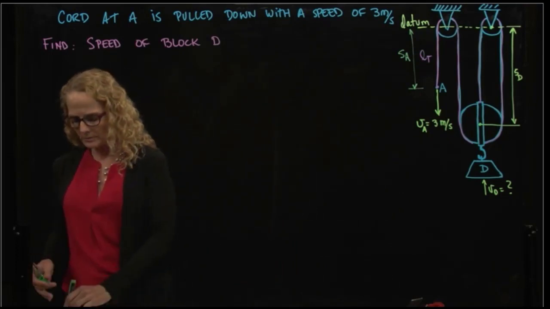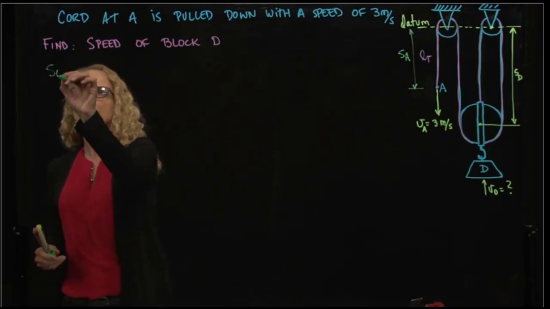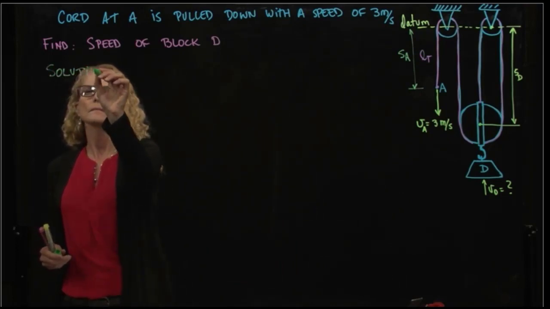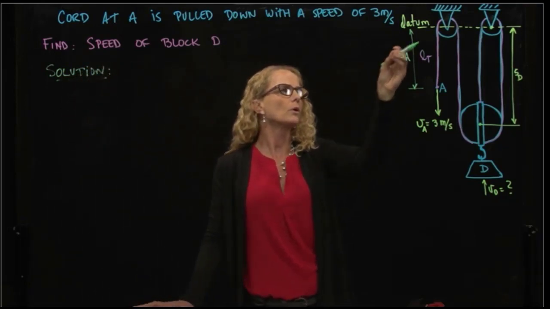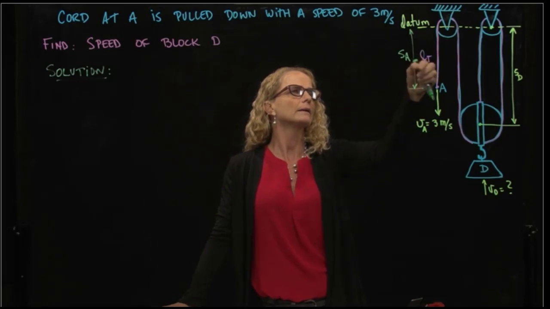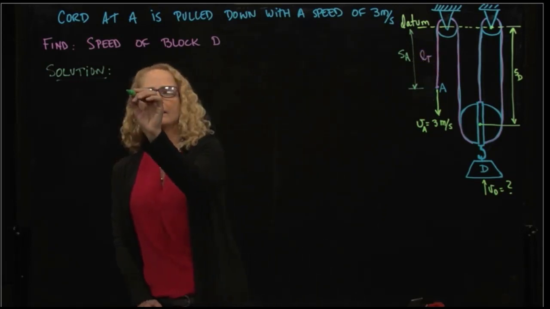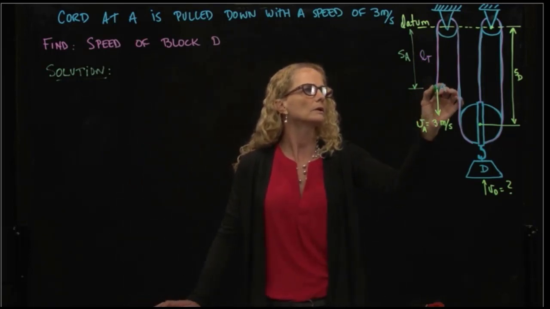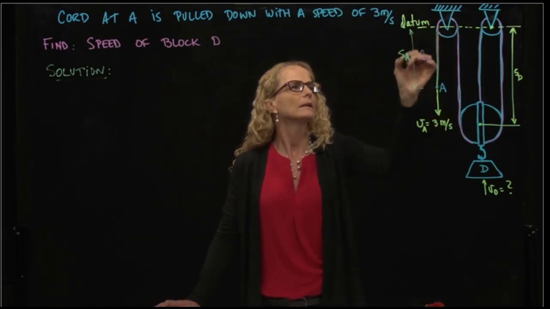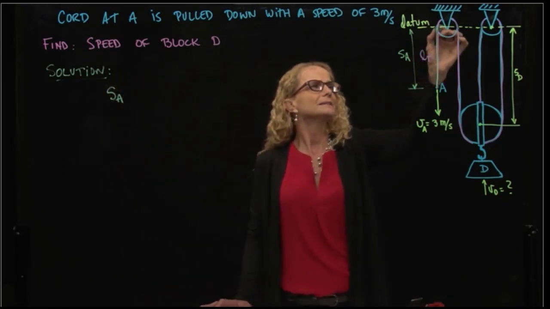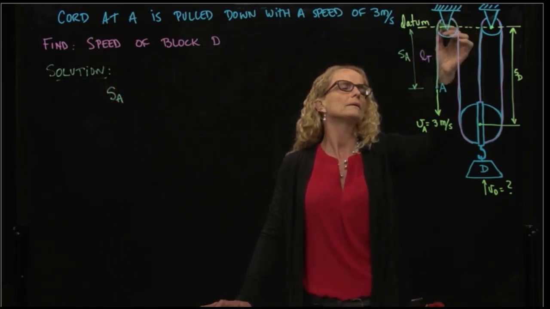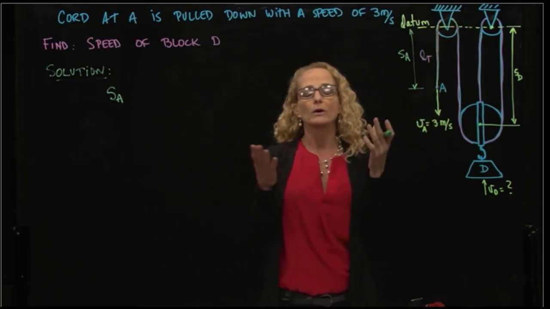So the solution will be that I add all the pieces of cord and then I make them equal to L. I have one piece of cord, this one right here, that I name SA. And this little piece in the pulley will be a constant.